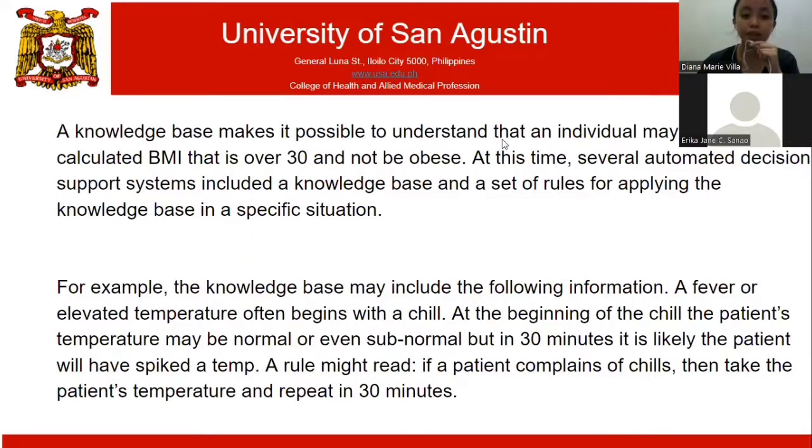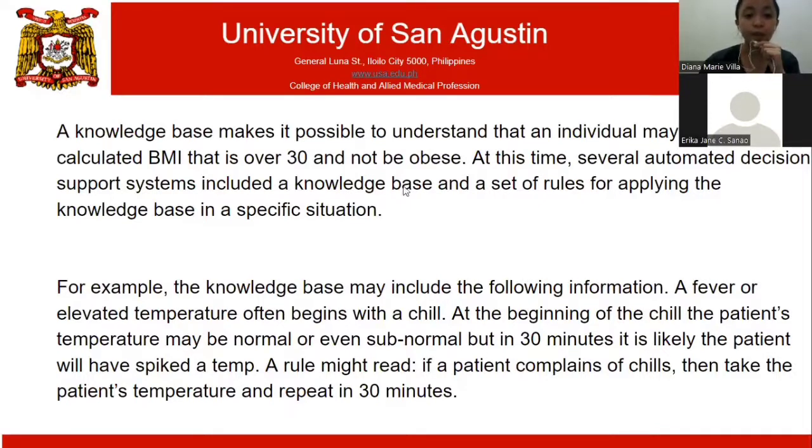With a knowledge base, it's possible to understand that an individual may have a calculated BMI that is over 30 and so be considered obese. At this time, several automated decision support systems include the knowledge base and a set of rules for applying the knowledge base in a specific situation, based on our earlier example of information.